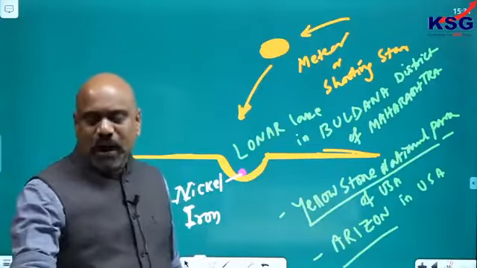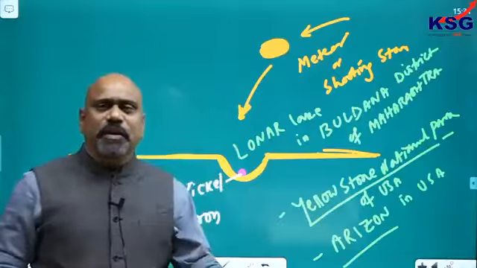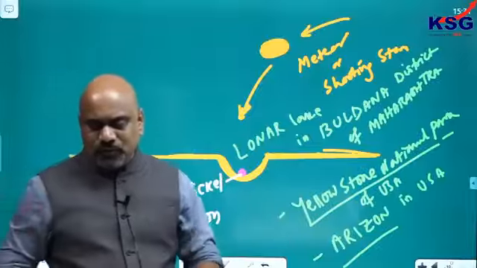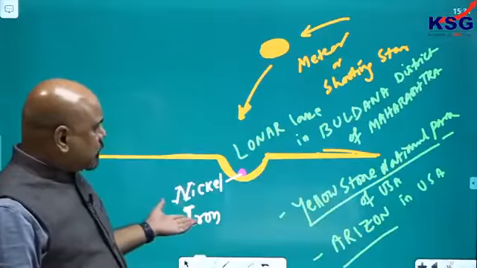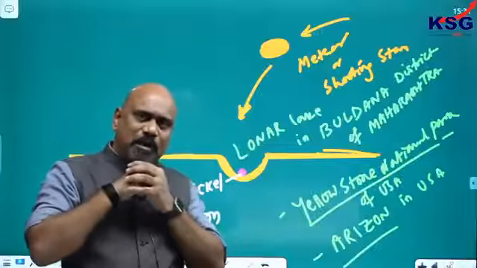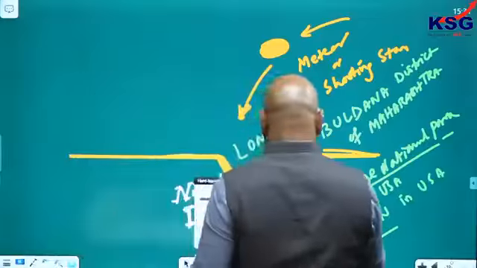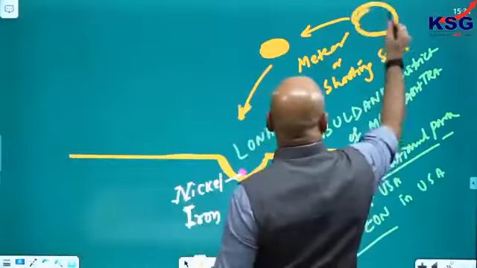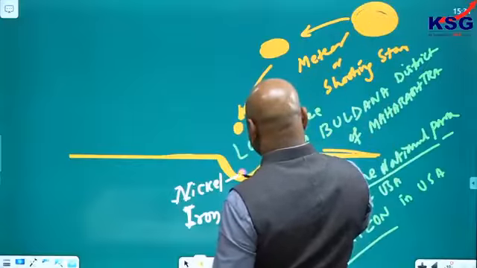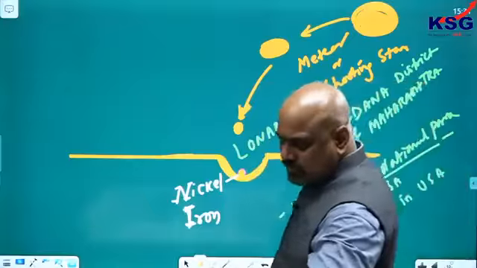So it shows that our earth's interior, our earth's core, also has this type of nickel and iron. There is a great possibility, because the earth is also made up of such material. A huge one burns out, becomes smaller, and a very small one reaches here. Its size decreases due to friction.